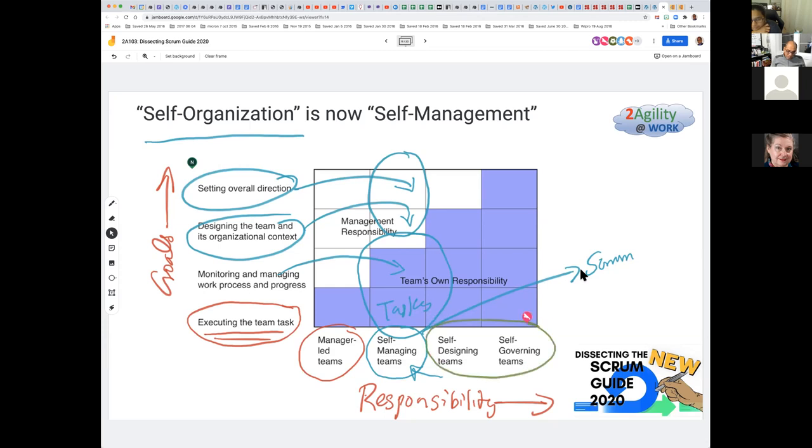They could also own the concept of designing the team, and they can also own the concept of setting an overall direction. Now, Scrum does several of these as well. It's a little hard. There are techniques at an organization level like holacracy, where the whole team decides what work to do. That's very hard to achieve, but some organizations do that.